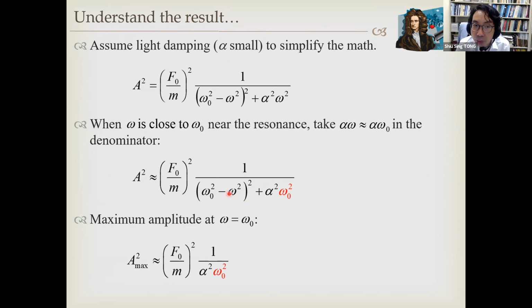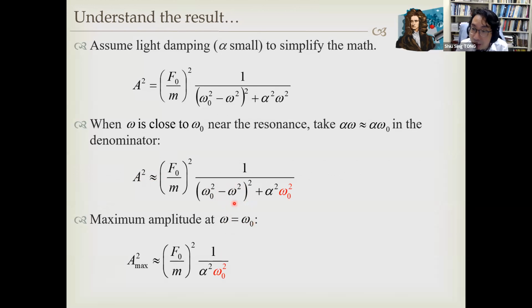So in order to make the amplitude largest, you have to make the denominator smallest. That means when omega becomes omega naught, this term vanishes and the amplitude becomes largest. So we get the maximum amplitude by setting omega equal to omega naught, which is just the resonance.